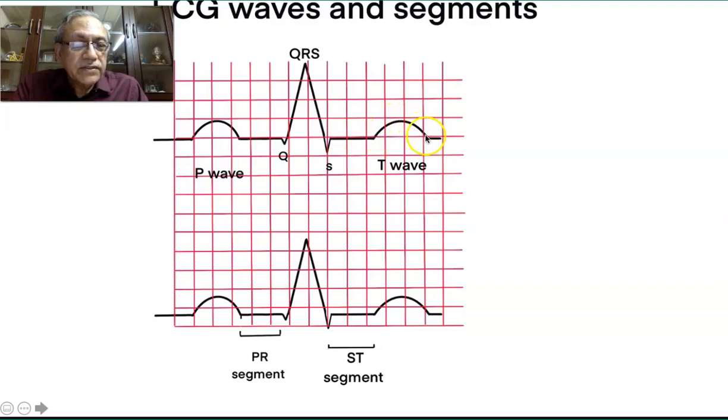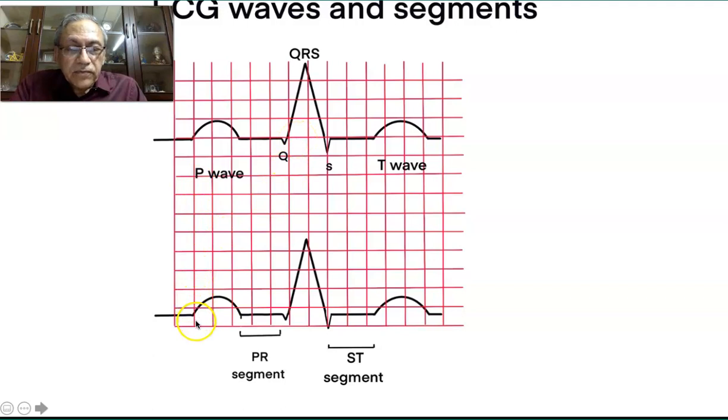So T wave is the repolarization of the ventricle. Now what happens to the repolarization of the atria? Because P wave is produced by the depolarization of the atria, and the repolarization wave of the atria gets buried into the QRS complex. So we don't see the repolarization wave from the atria.